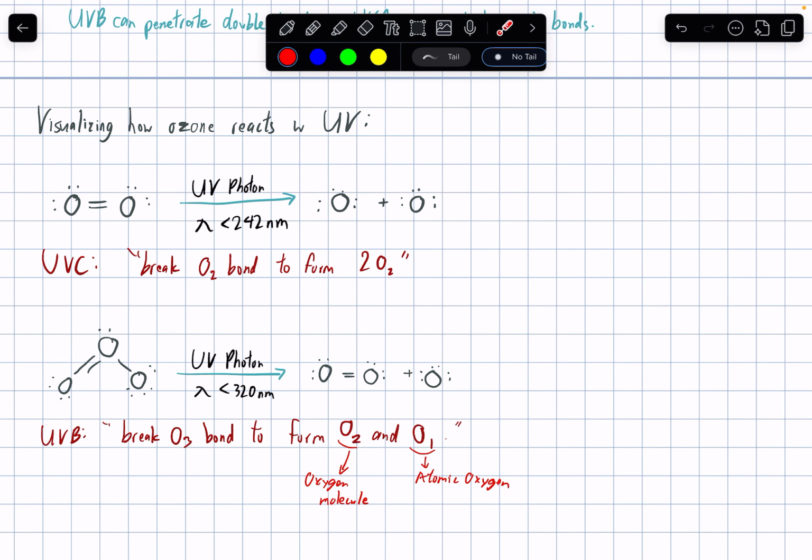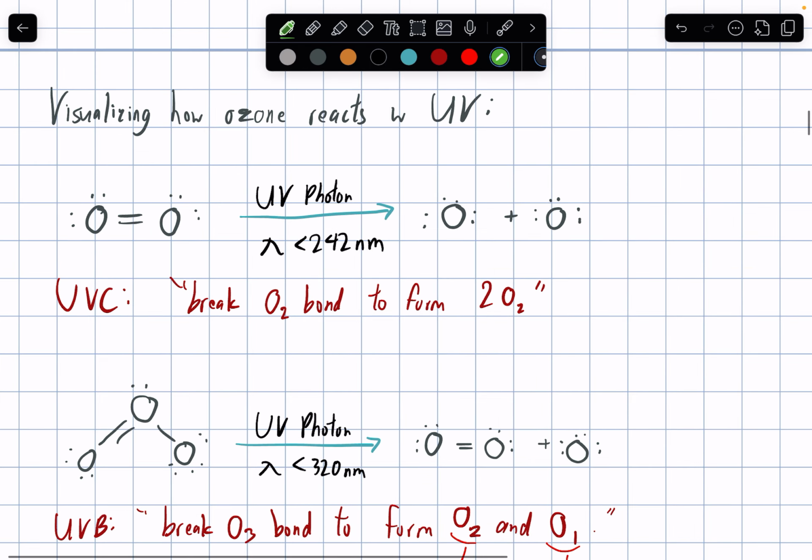So visualizing how ozone reacts with ultraviolet. So again, oxygen has how many valence electrons? 6, right? So essentially, when 2 are together, this is how it looks like.